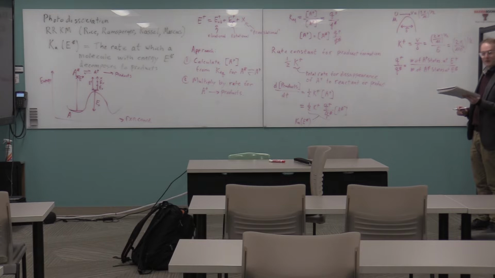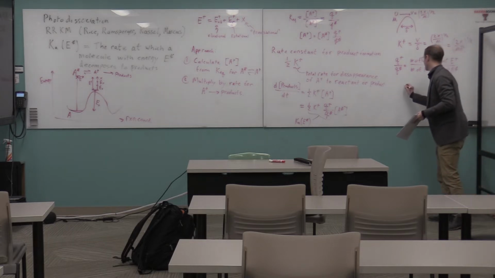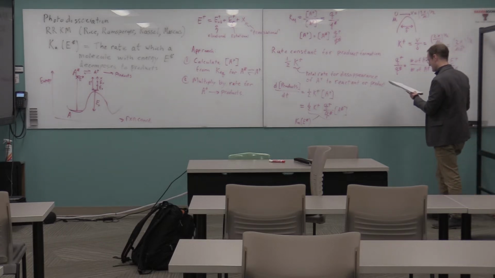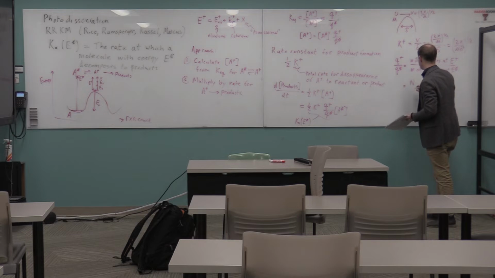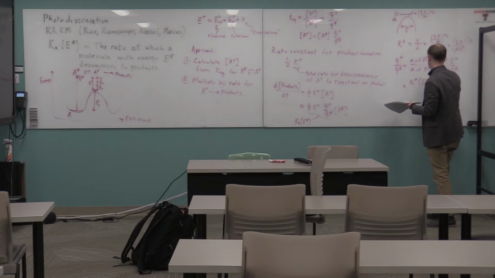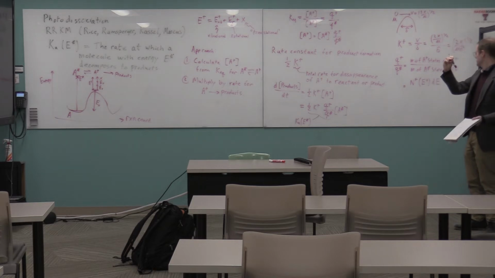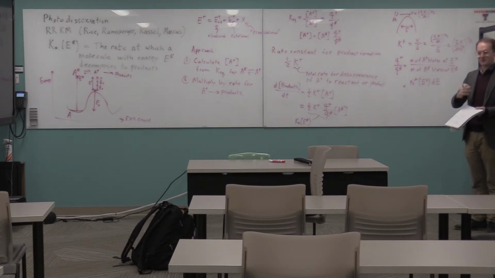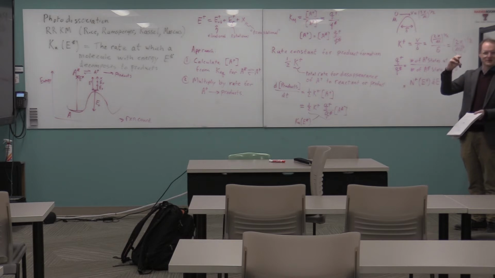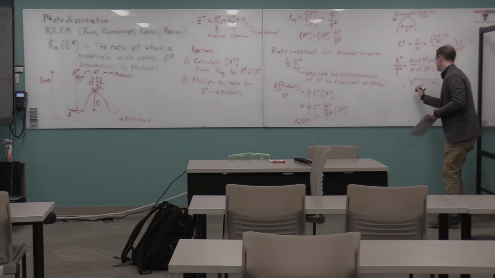Okay, and the number of states, you can write that as the density of states, which I'll call N. So this is the number of states per unit energy, times some very small energy interval. That's the number of states. So density of states times however wide your energy interval is.